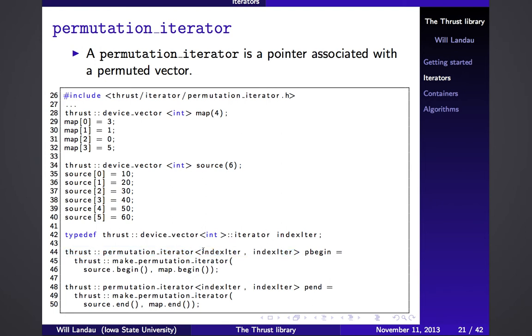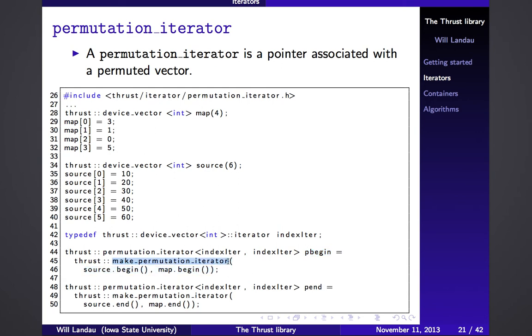In this type definition, I take two index iters, which I defined with typedef as device vector iterators. The syntax is kind of complicated with all these typedefs, but bear with me. So with the right type definition, which is defined here, I can make pBegin, which is a permutation iterator.